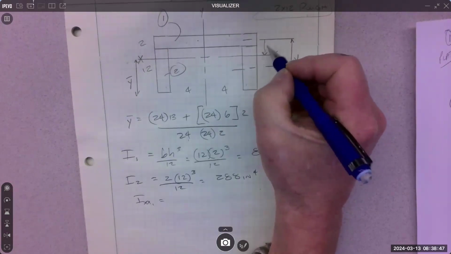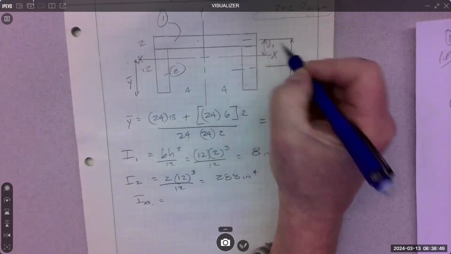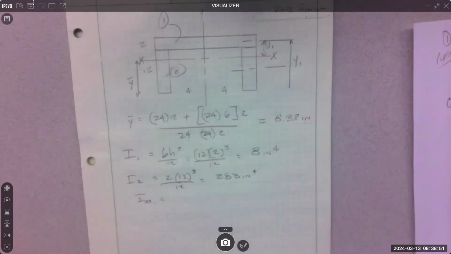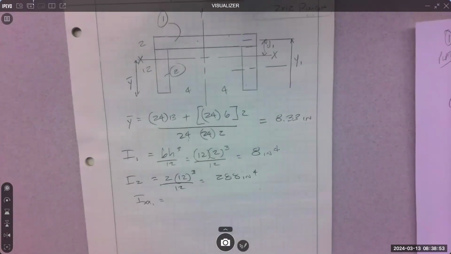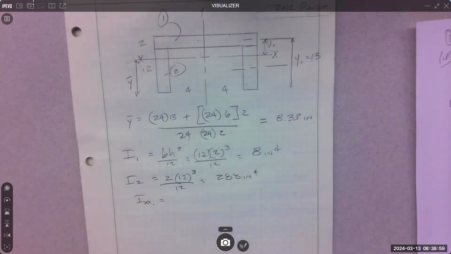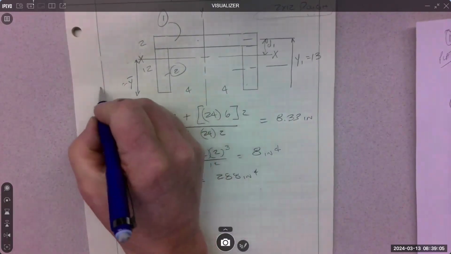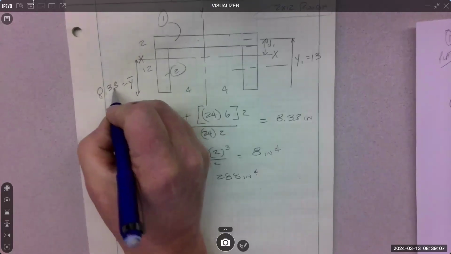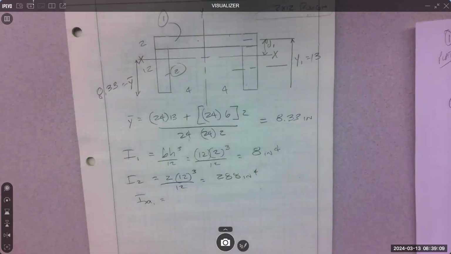So it's gotta be transferred that far, D1. We know Y1 is 13. We know Y bar is 8.33. And do the subtraction.